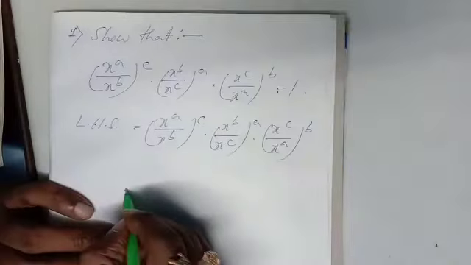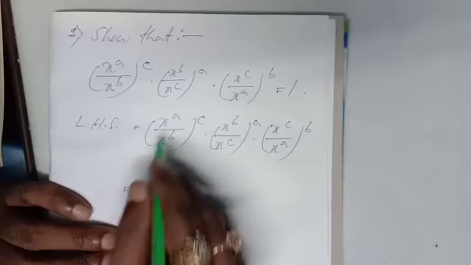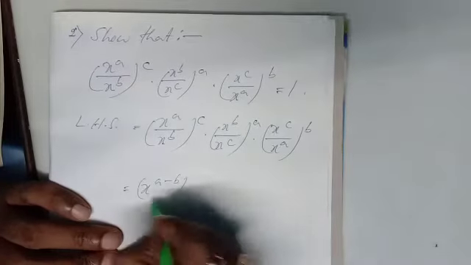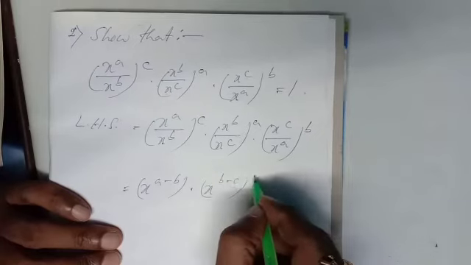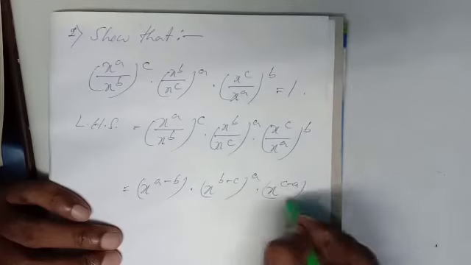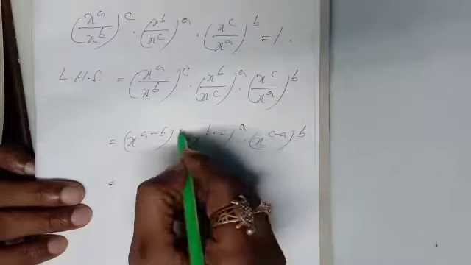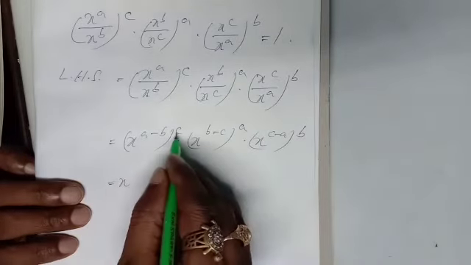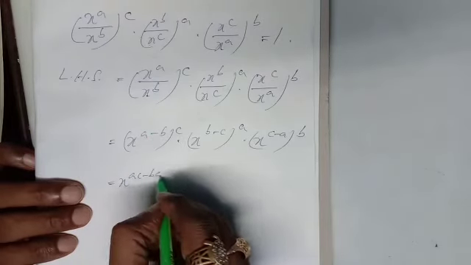Now x to the power a by x to the power b means here division is there, power is subtracted, x to the power a minus b. Next one, same process, this will be b minus c and whole to the power a. This is x to the power c minus a whole to the power b. After that you see this c written. Now x to the power a minus b into c, power is multiplied, this will be ac minus bc.